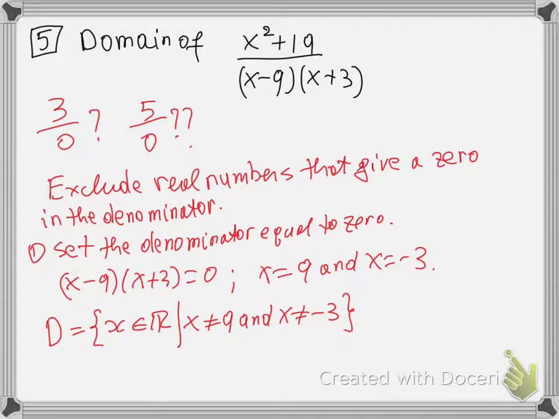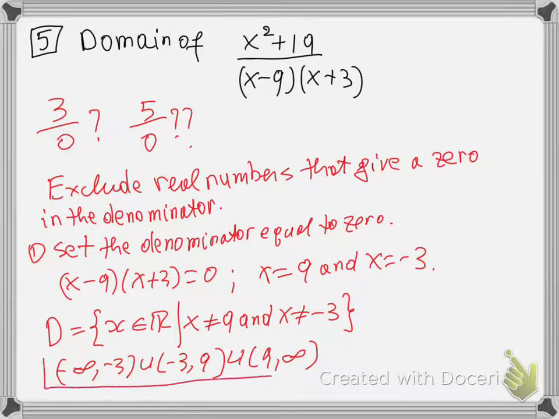In interval notation, we're going to have all real numbers, negative infinity to negative 3, union negative 3 to 9, union 9 to infinity. So this is where we exclude negative 3 and 9.